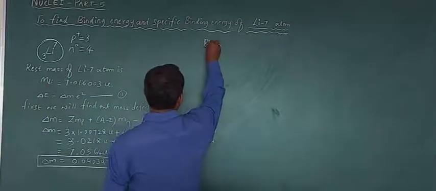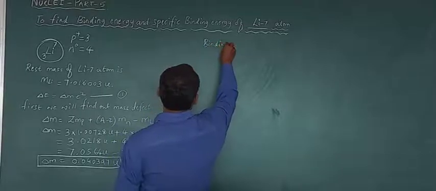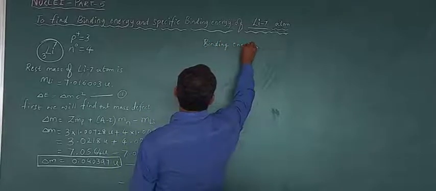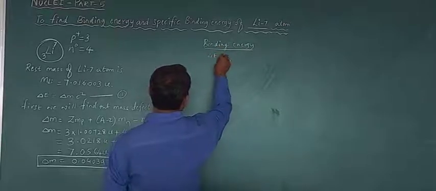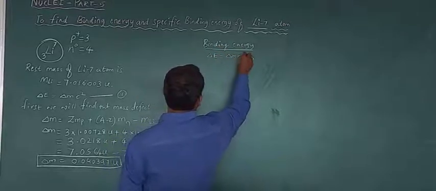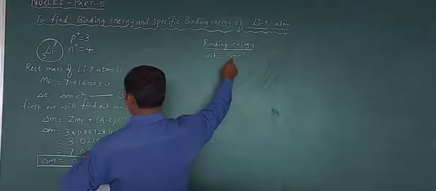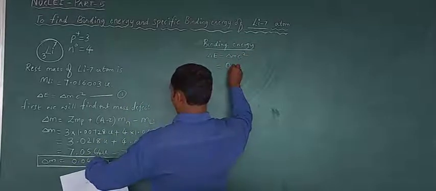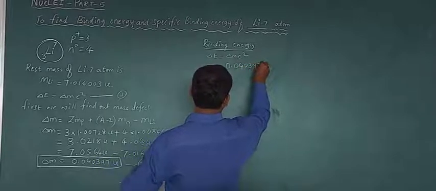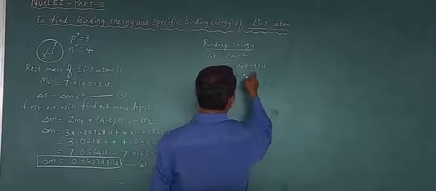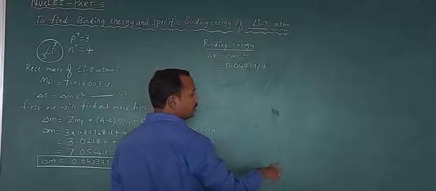So the binding energy, delta E equals delta m c squared. Here delta m is 0.040397 units, and I want to convert it into kg.